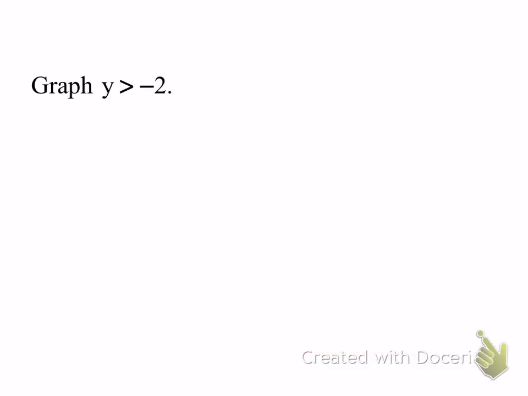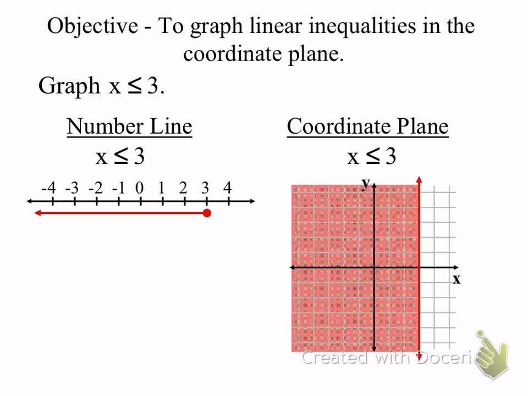All right, let's try it again. If I do y is greater than -2 on my number line. Now I want you to notice something on the last problem. On the number line at 3, it's solid because it includes 3. When the line is solid, it's inclusive of all those points on that line. So let's take a look at the next one, which is not.